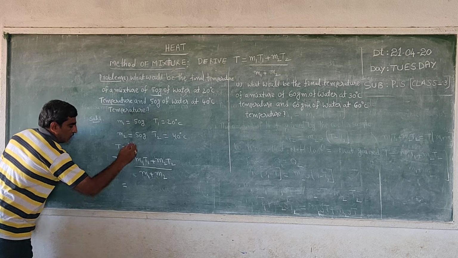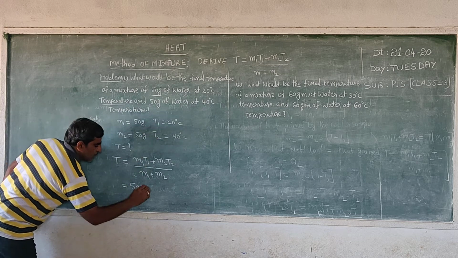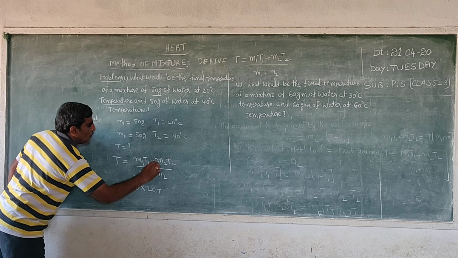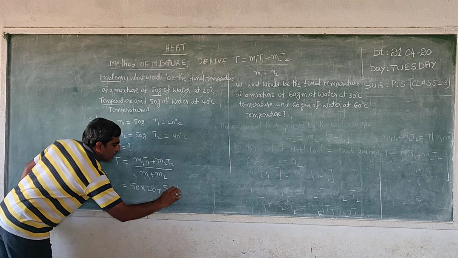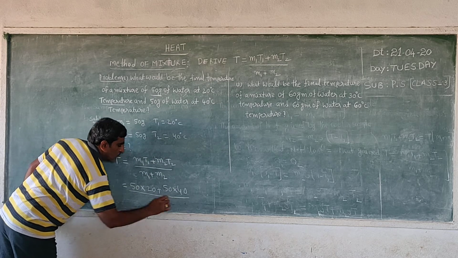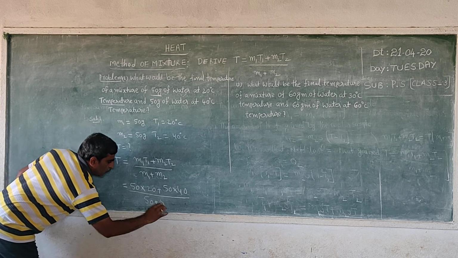That is equal to M1 50 into T1 20 plus M2 50 into T2 40 by M1 50 plus M2 50.